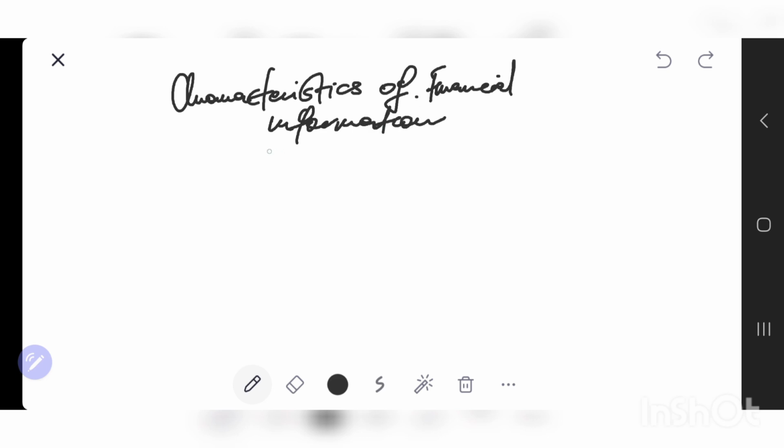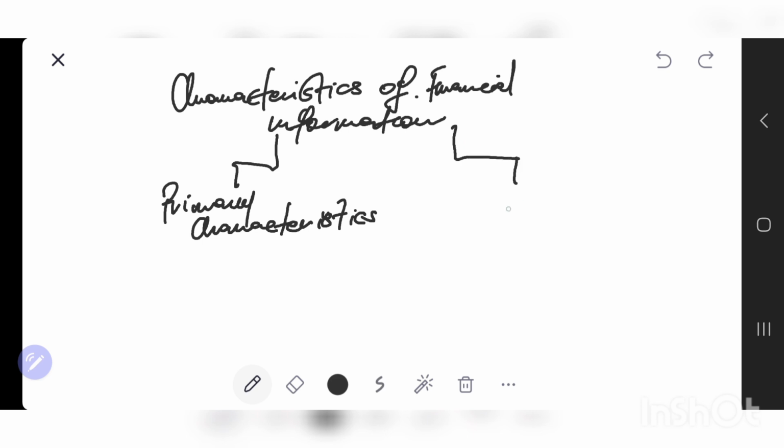There's what we call primary characteristics or primary qualities, and then there's what you call enhancing the primary, the secondary characteristics.